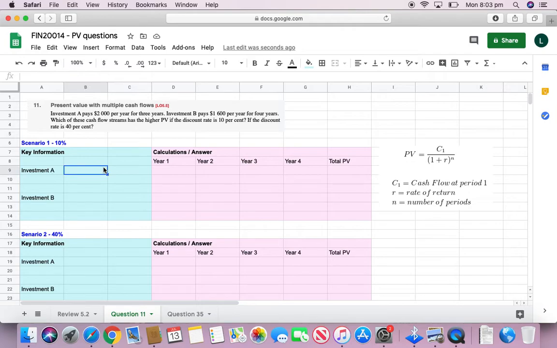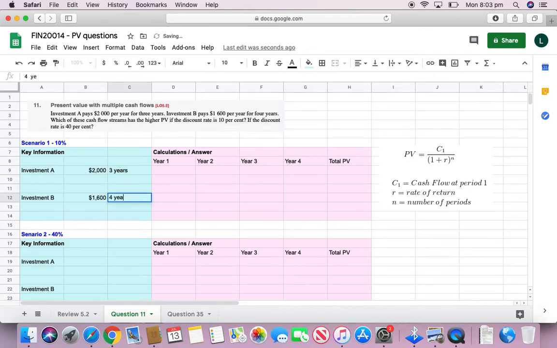Again, we've got the formula on the side here. Before we get stuck into it, let's read the question. Investment A pays $2,000 per year for 3 years. So we've got $2,000 here for investment A, and this is 3 years. Investment B pays $1,600 per year for 4 years.